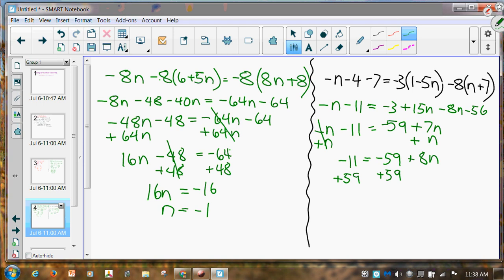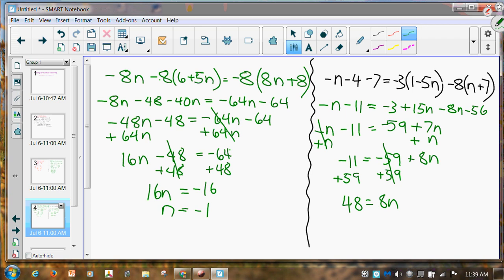And that leaves that. And what do we have here? Well, this minus 59 and plus 59 will cancel, which is what we want. 59 minus 11, I believe, is 48, right? Positive 48 equals 8n.